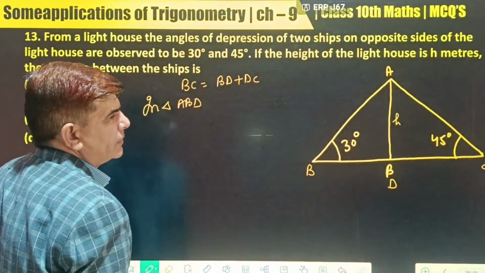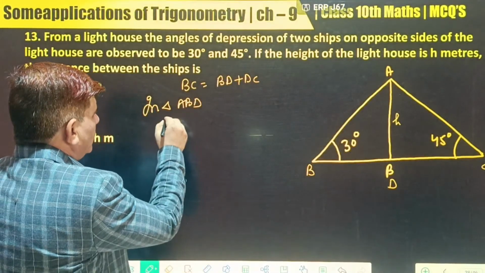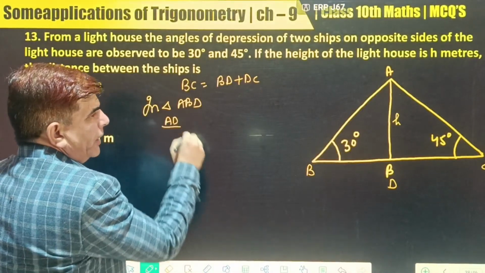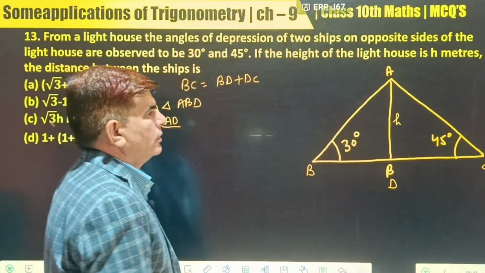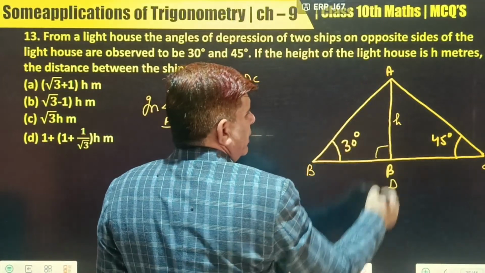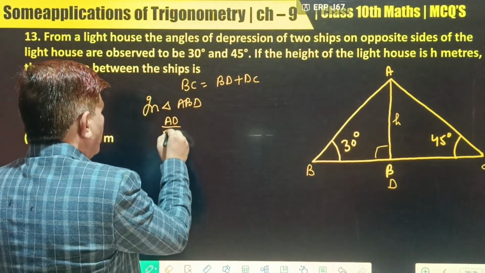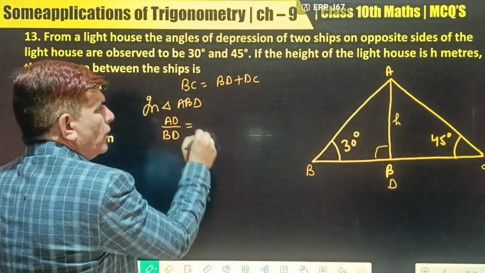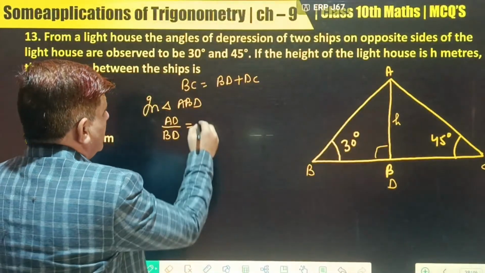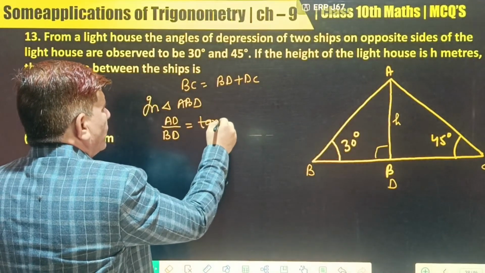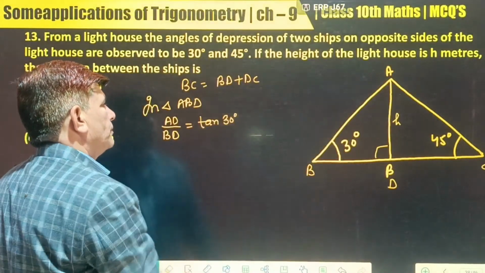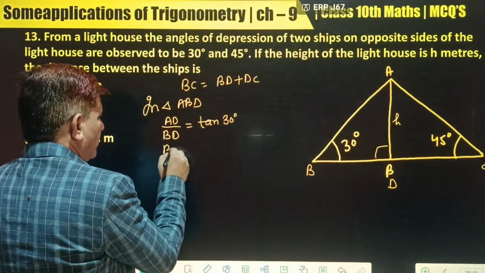ABD. Understood? So AD is perpendicular, this angle is 90 degree. Perpendicular by base is tangent 30 degree. And what's its inverse?